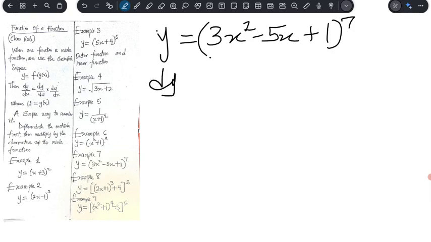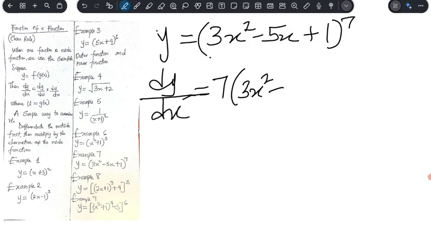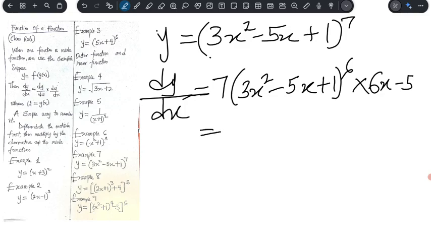So we say dy/dx is equal to, the outside function, which is 7 onto (3x squared minus 5x plus 1) raised to power 6, to multiply. The derivative of the inner function 3x squared minus 5x plus 1, if you differentiate, we have 6x minus 5. So that is the answer for the derivative of the inner function, which we now have 7 to multiply.